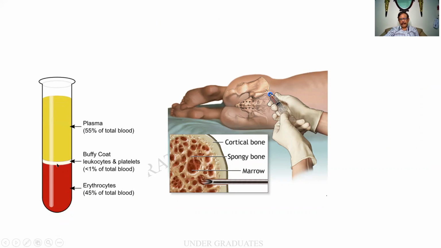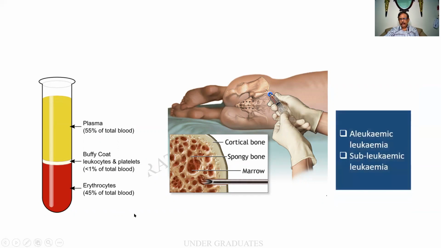From this one, if I take 1 drop with a Pasteur pipette and make a smear, you'll find a lot of blast cells. This is called a Buffy-Coat. There are other uses of it. We'll see it in a different context. So this is aleukemic or subleukemic leukemia, wherein you can do a bone marrow aspiration or study the Buffy-Coat.